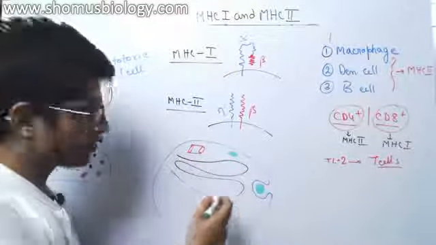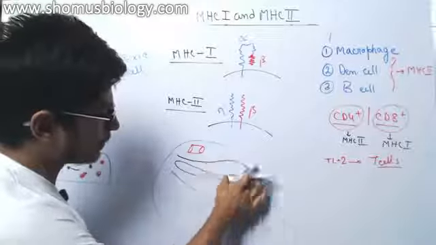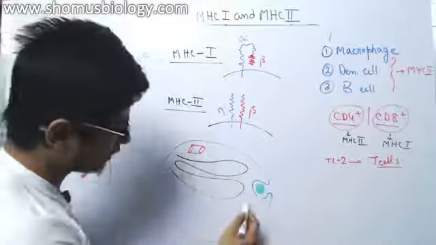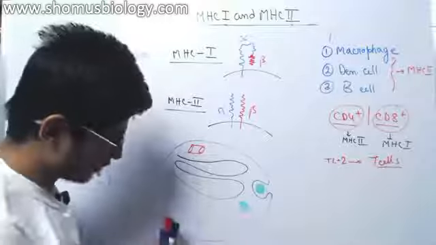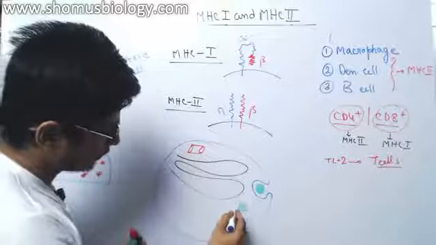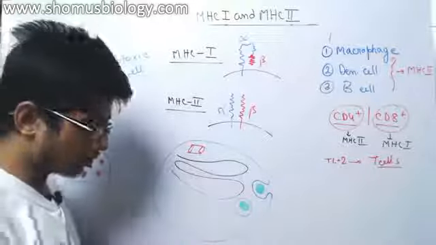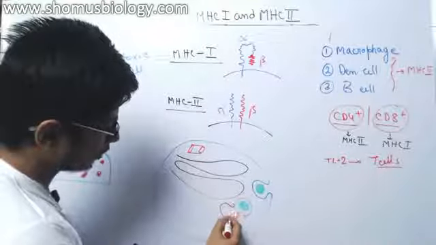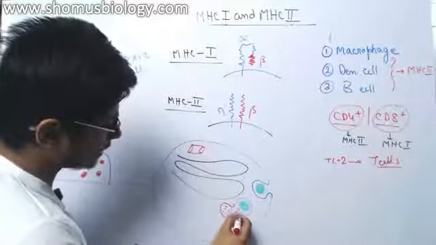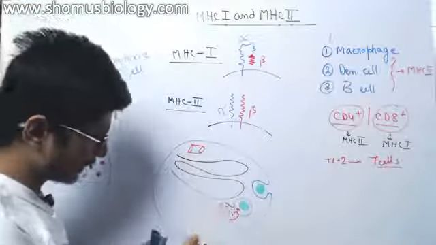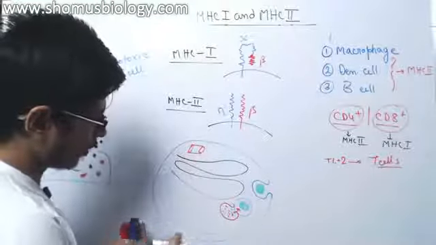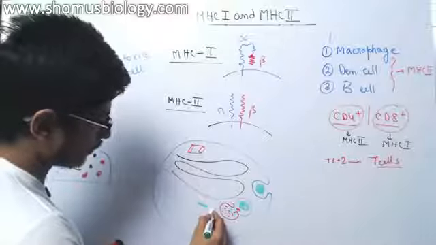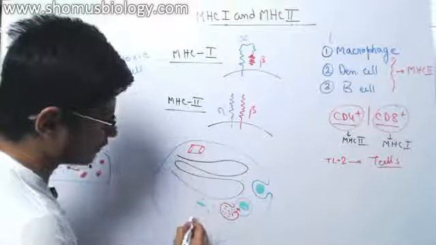So normally what happens after this engulfment, this vesicle will be fused with lysosome, and you know lysosome is filled with all those proteolytic enzymes that are going to degrade some portion of this fragment of the pathogen, and it will be released outside.